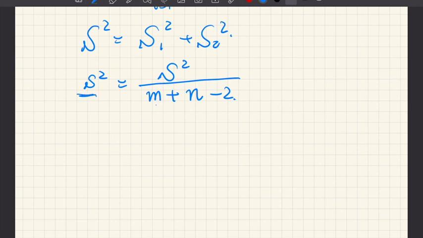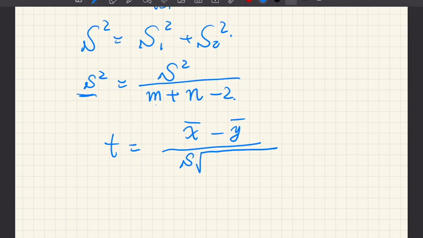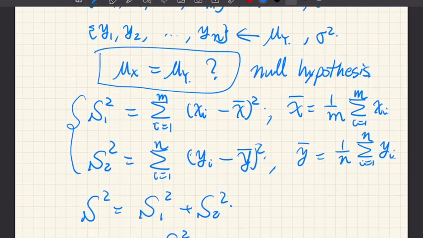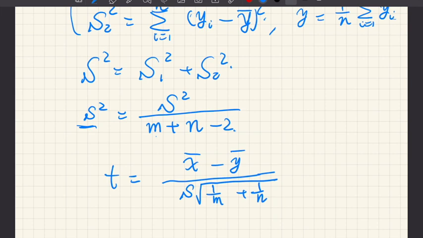In this way, we define this s, and we define the T statistic as x bar minus y bar divided by s times the square root of 1 over m plus 1 over n. This is a little bit complicated. But anyway, if you have two samples and want to compare the means, here's how you do it.